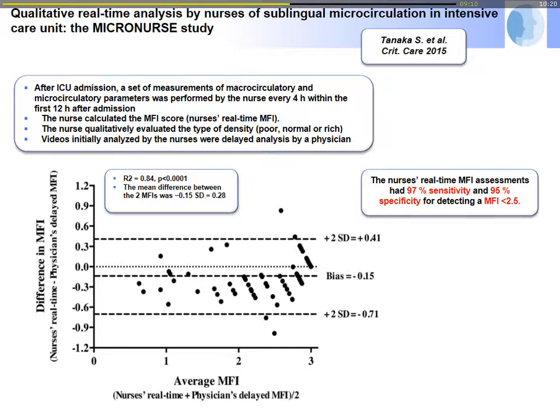And what is, for me, the most important is that the sensitivity was very great to detect an alteration of microcirculation. And this point is very important because it's what we want. We want nurses to be able to say, there is something wrong. The arterial pressure is okay, the cardiac index, but there is still something wrong.